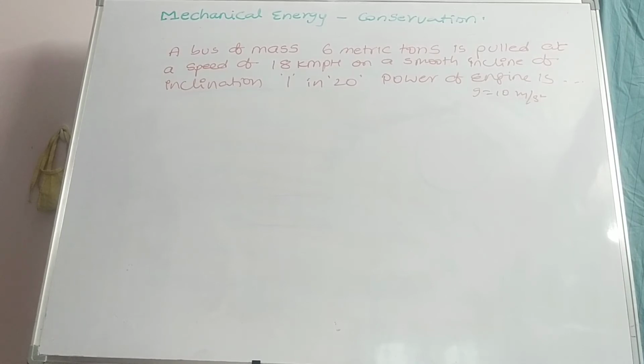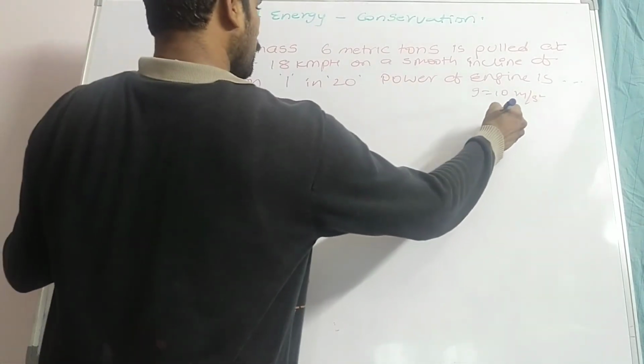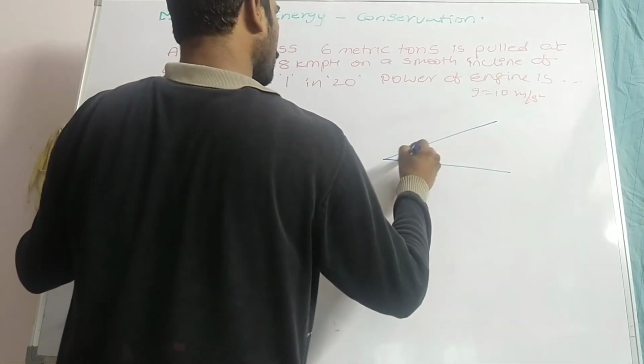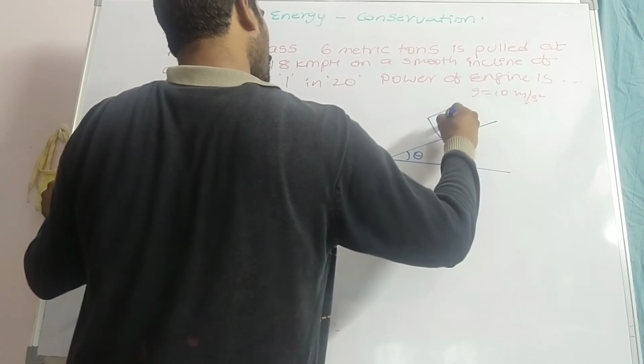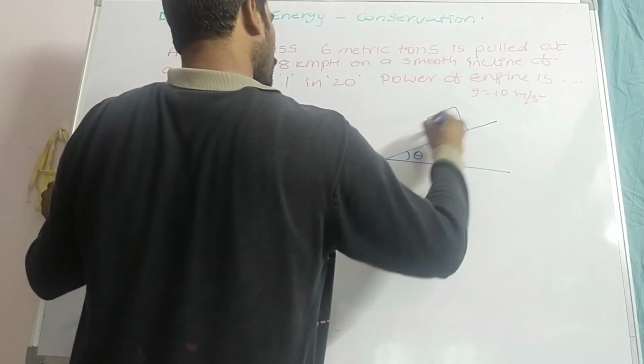Now here we have a bus of mass 6 metric tons pulled at a speed of 18 km per hour on a smooth inclined plane of inclination 1 in 20. Power of engine is? So here we have a smooth inclined plane, say the angle is theta. Here is the block, the bus. Weight of the bus mg acting in one direction.